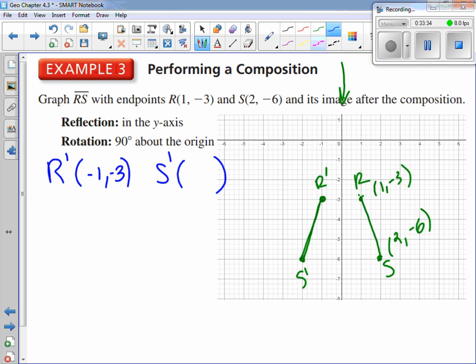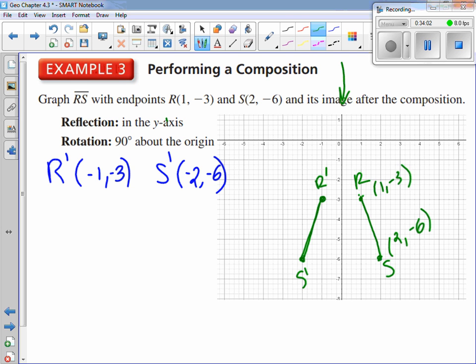Would we agree with that there? S is now at negative 2, negative 6. Well, really, what did we do? We just changed the values of x from positive to negative. Any questions on any of this here so far? Are we good with this here? Yes?